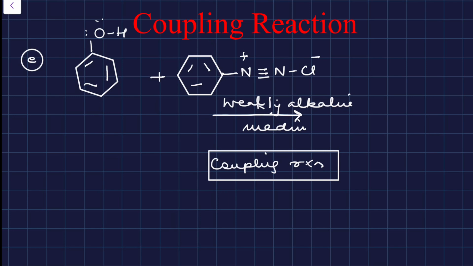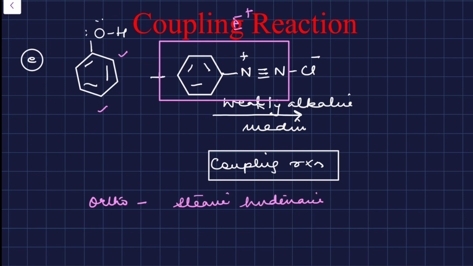Now, here this part acts as an electrophilic center. So, at the ortho or para position this gets attacked, but we know that at ortho there will be steric hindrance because this electrophile is huge. It's a big electrophile. So what happens? We get the para product.